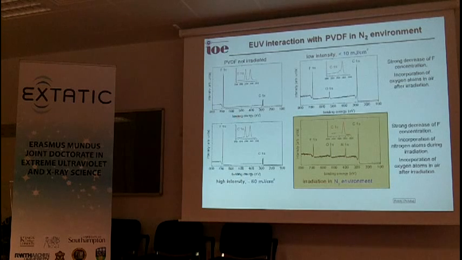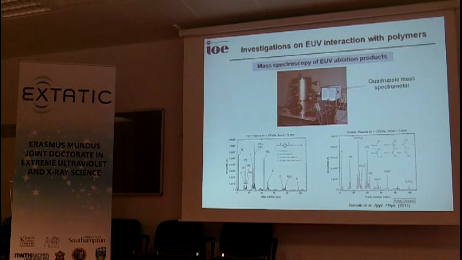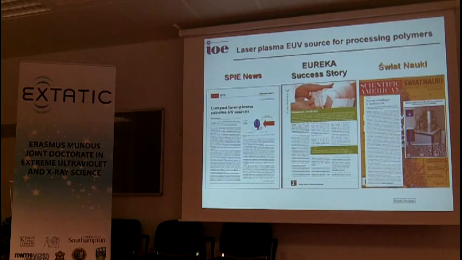And there are some spectra obtained for irradiated polymers. This device is also equipped with a mass spectrometer, so this mass spectrometer can be used to study the interaction of EUV with different polymers. We can measure the mass spectra of irradiated polymers.